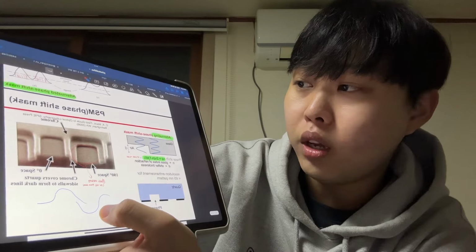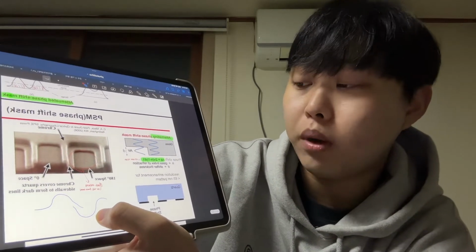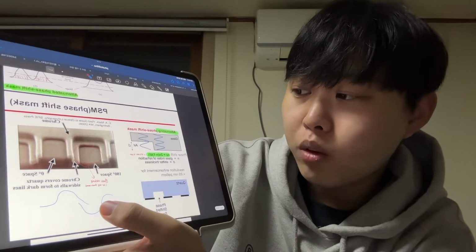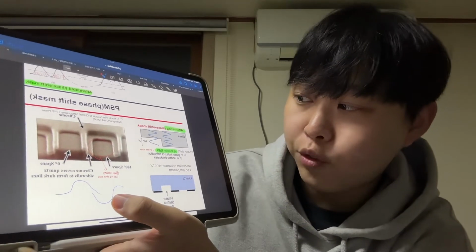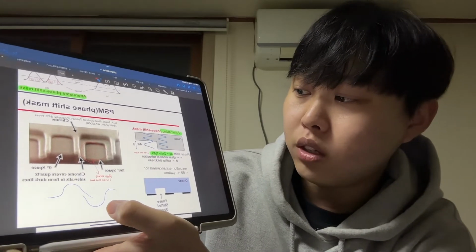Another way of using PSM is the alternating phase shift mask. We use different materials like glass and air to change the phase.